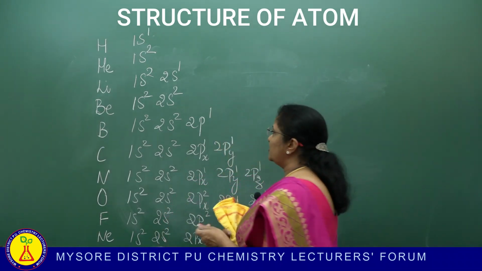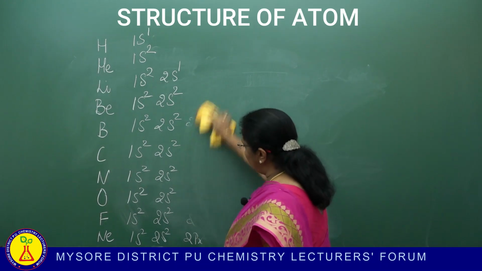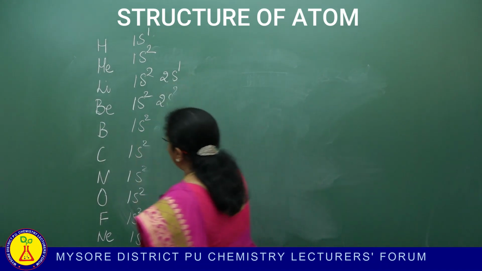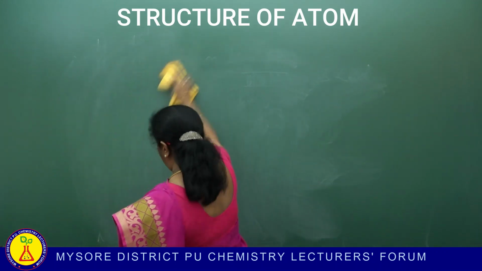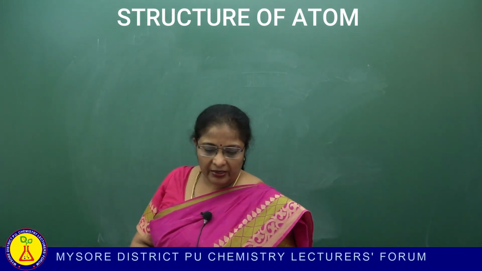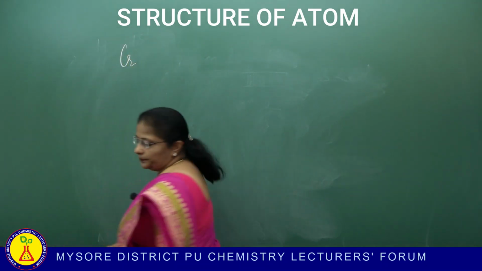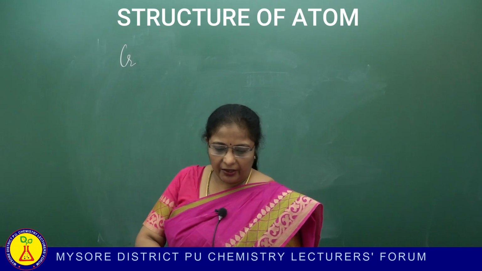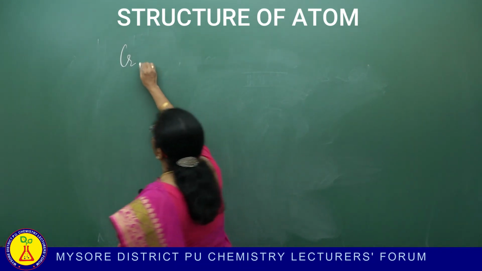Let us first talk about chromium. Chromium and copper have an anomalous electronic configuration. What is that anomalous electronic configuration? Let us take chromium. The atomic number of chromium is 24.